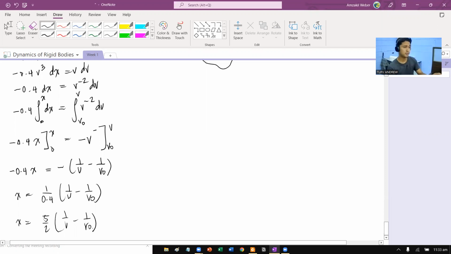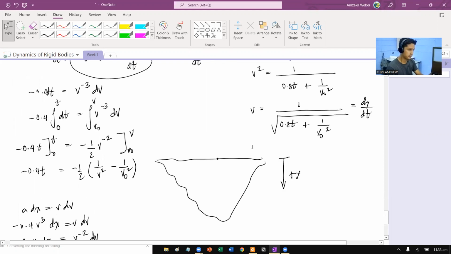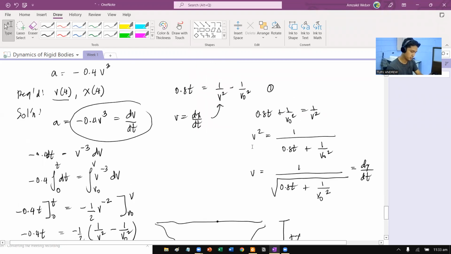Okay, so let's try to solve this one before we attempt a more complicated equation. We have equation 1 and equation 2. Let's solve v4. Meaning 0.8 times 4 is equal to 1 over v squared minus 1 over 60 squared, with 60 meters per second and 4 seconds.